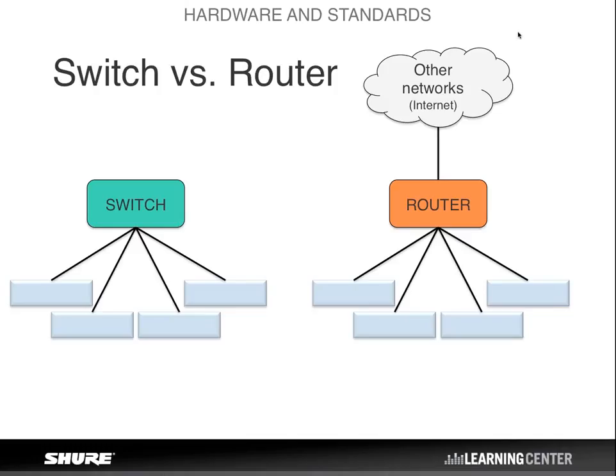The most common instance of this we're probably used to seeing is the router in our homes, which can connect the network devices like the computers in our house to the World Wide Web or to the internet. A router can also connect you to another router that's connected to another network of devices. But the key difference between these two is that a router touches another network and a switch maintains just a small local network of devices.